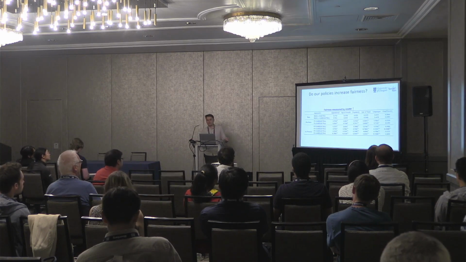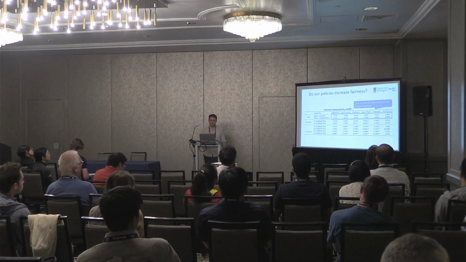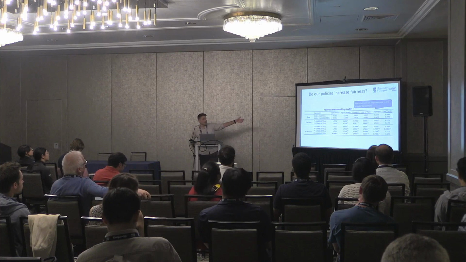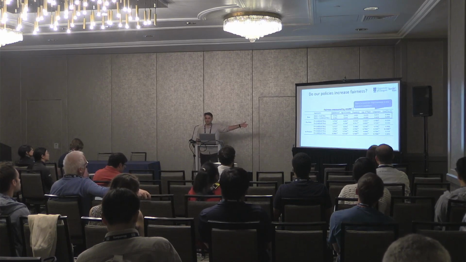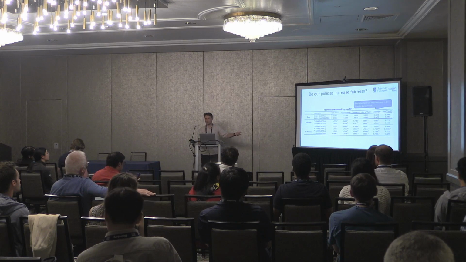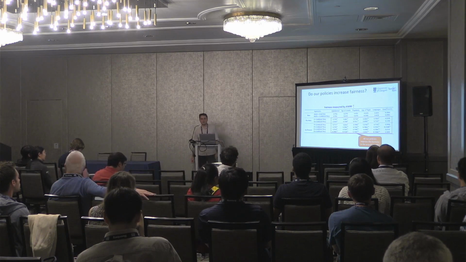So the next question is, of course, do our policies increase fairness then? Do our interventions actually work? And we can see here in AWF, in this metric, higher is better, right? And we can see here that the normal pipelines actually have room for improvement. And I'm happy to say that we can make use of this room for improvement.